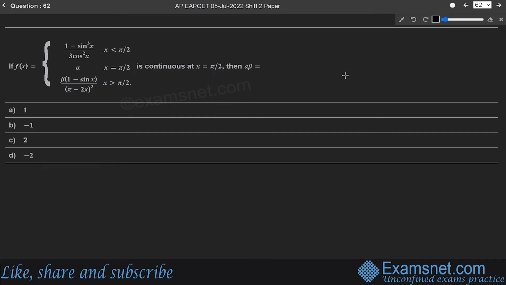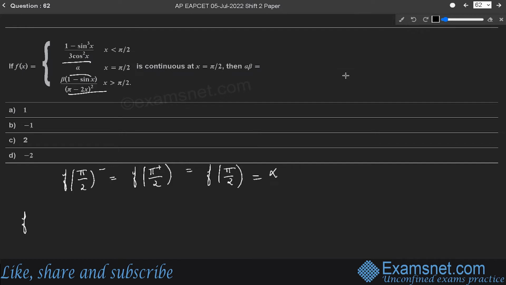It is given that f of x is continuous, so it can be written as f of pi by 2 minus is equal to f of pi by 2 plus is equal to f of pi by 2 is equal to alpha.